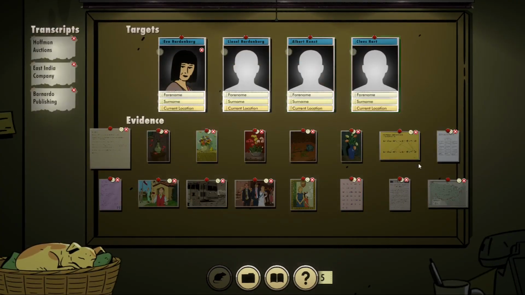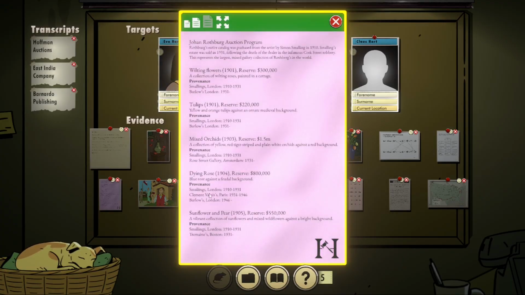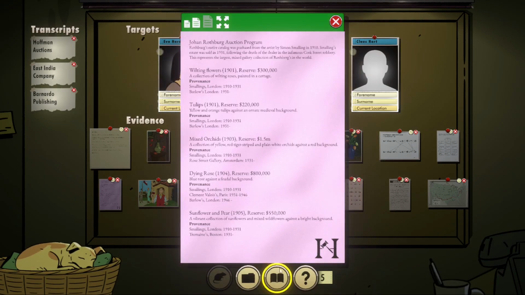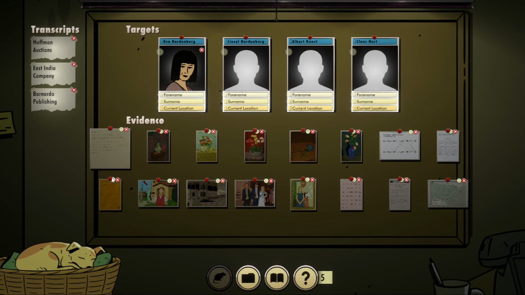Oops. Nothing's coming up for Amsterdam. I feel like that's a key.